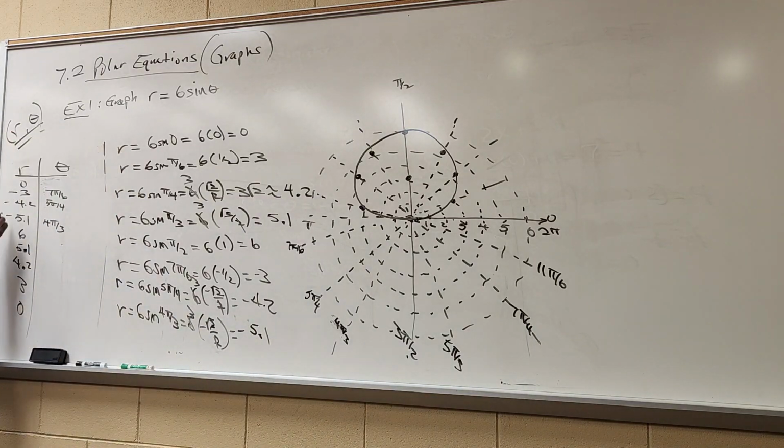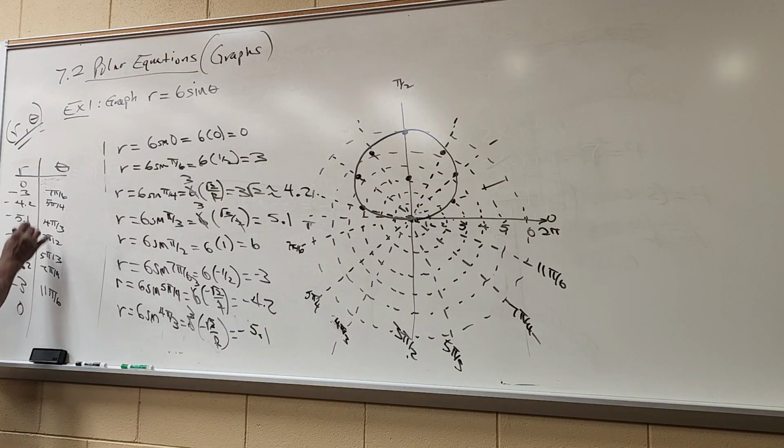And if you check them, it's going to do this. So this next one would be 3 pi over 2. This would be 5 pi over 3. 4.2 would be 7 pi over 4. This would be 11 pi over 6.